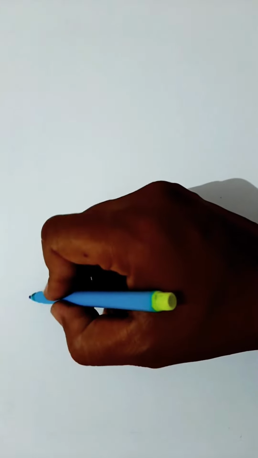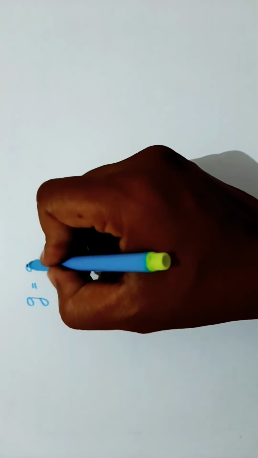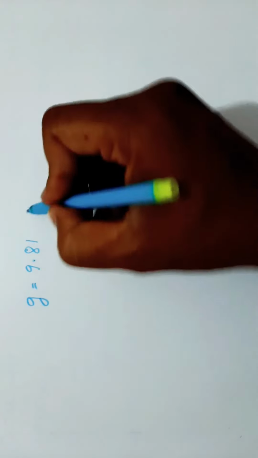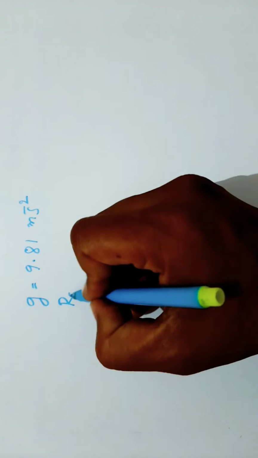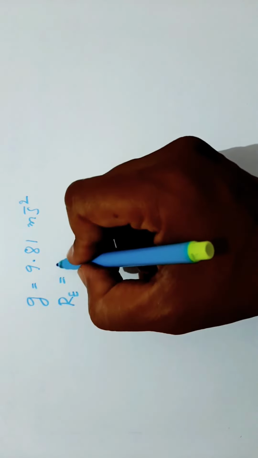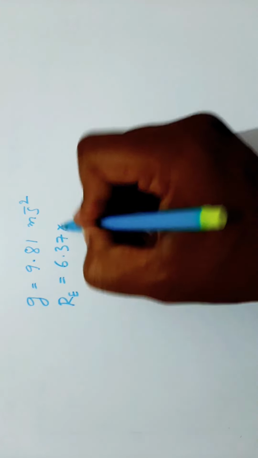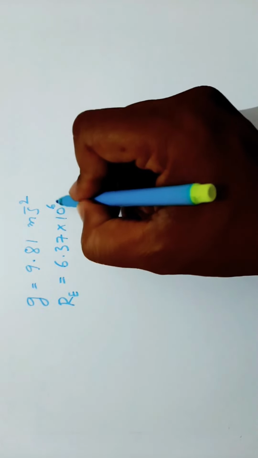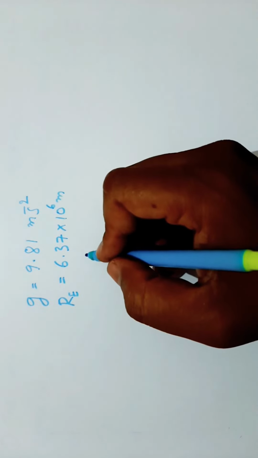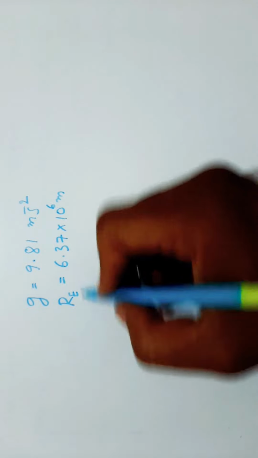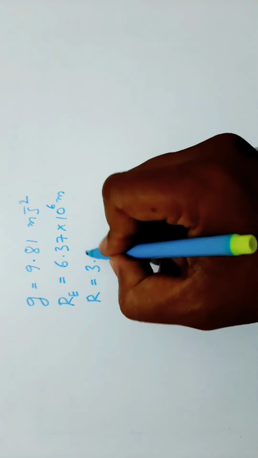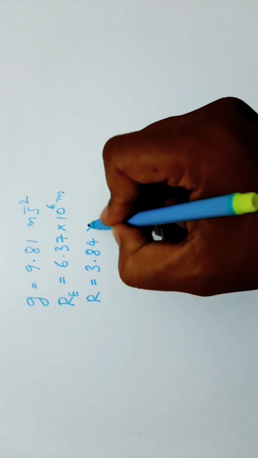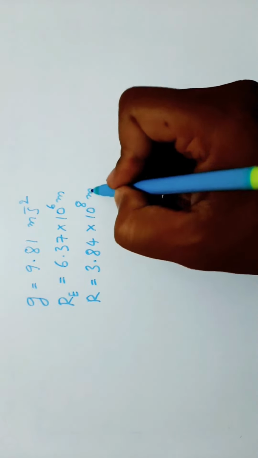In this problem, g is given, 9.81 meter per second square, and radius of earth is given, that is 6.37 into 10 to the power of 6 meter, and the distance between moon to earth is given, so that R is equal 3.84 into 10 to the power of 8 meter.